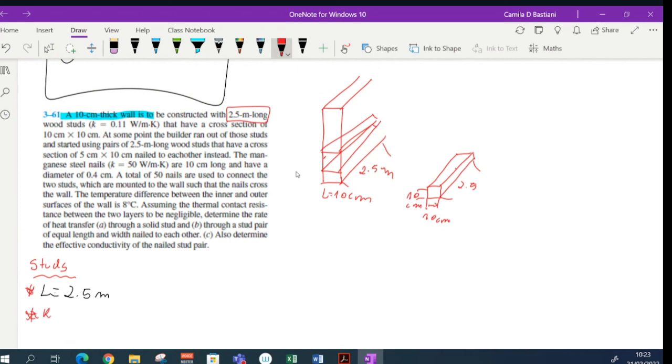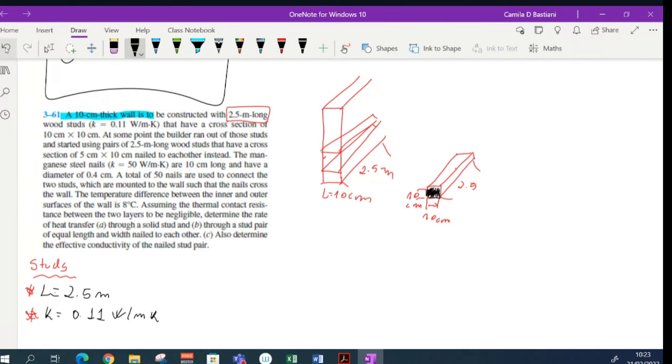With a K, so my conductivity of these wooden studs is 0.11 watts per meter Kelvin. And they have a cross section of 10 by 10. This is my cross section of 10 by 10.